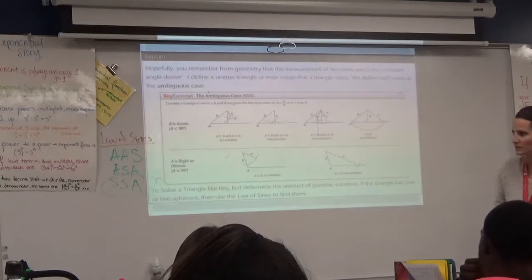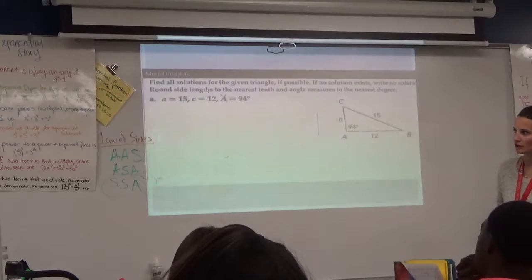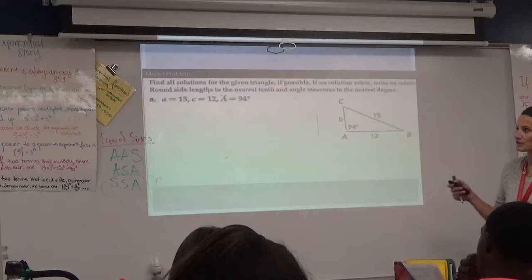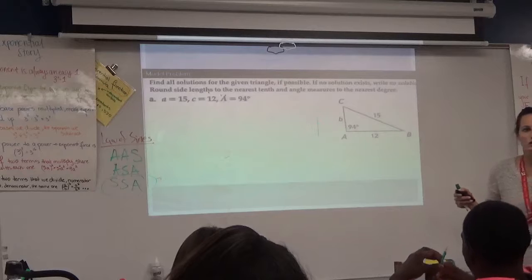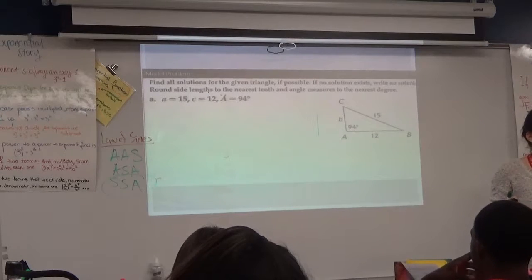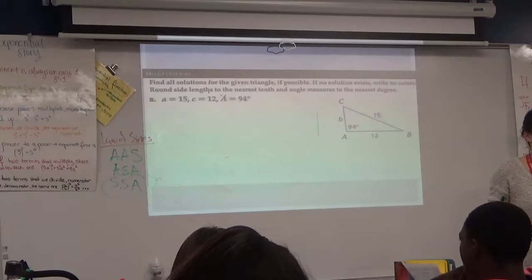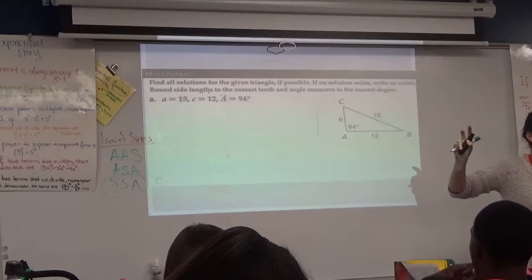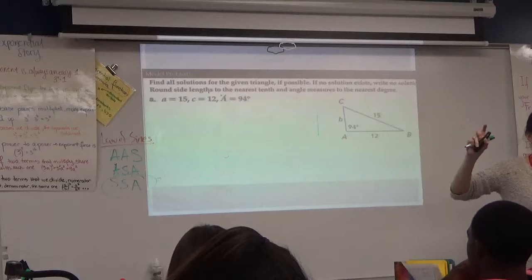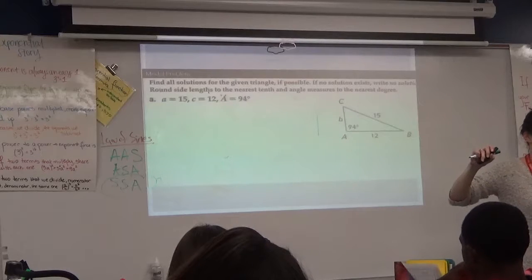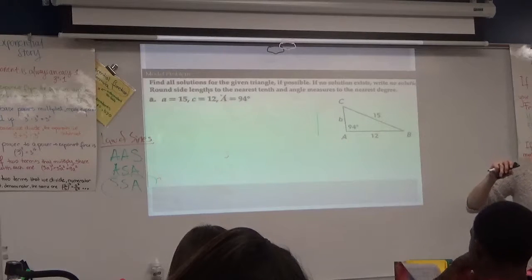And like I said, that's what's going to happen most of the time that y'all are going to see for realistic purposes. So if you take a look right here, 15 is bigger than 12, so it can physically reach across that 94 degrees. So I'm going to go ahead and tell y'all that if you check all the rules, you are going to be good to go with this triangle. There's going to be one solution. So we can use law of sines and find that one solution. Okay? So let's take a look.